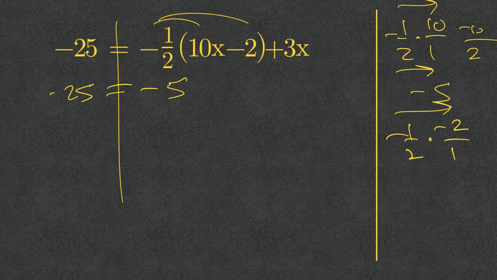Across the top, -1 times -2 is +2. Across the bottom, 2 times 1 is 2. What's 2 divided by 2? Anything divided by itself is a 1. That is a +1. That is a -5x, by the way. My apologies.